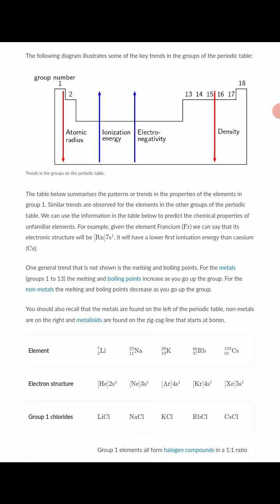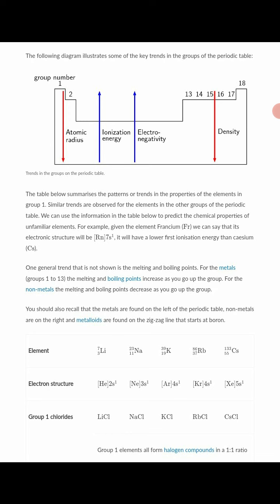Now, quickly, the following diagram illustrates some of the key trends in the groups of the periodic table. First, we see that the atomic radius increases down the group. Why? Hydrogen has 1 shell. Lithium has 2 shells, 2, 1. Sodium has 3 shells, 2, 8, 1.